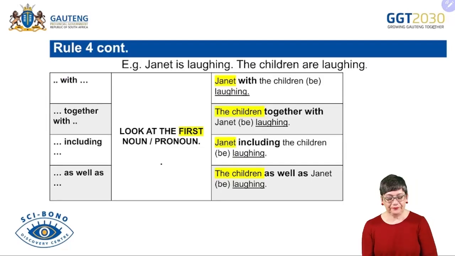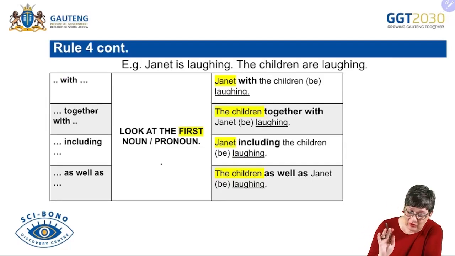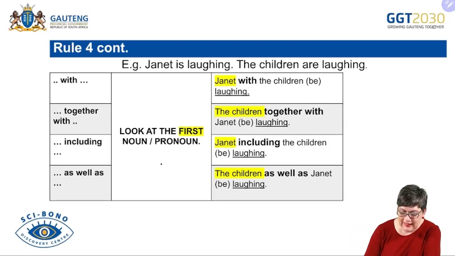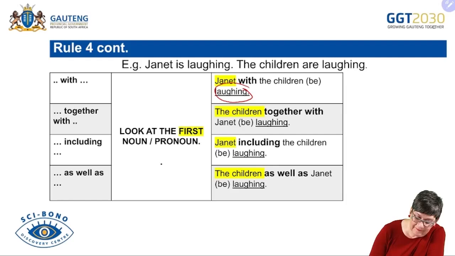Let me show you. Because again, we've got Janet now and the children. Janet is laughing, the children are laughing. Now we're combining sentences. Look at the first one. Janet with the children laughing. Now, if we use "with," our verb is going to look at the first noun.